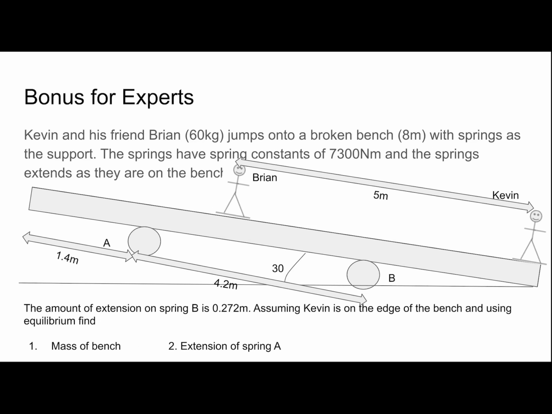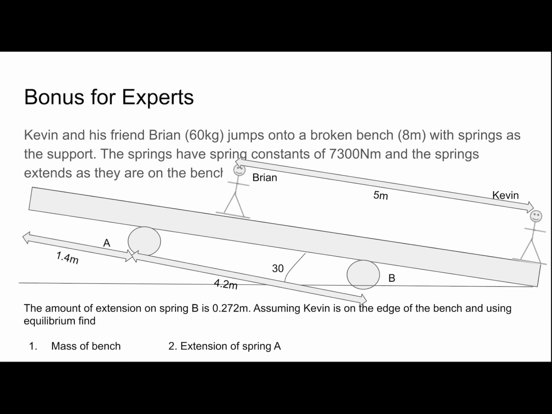Another piece of information we're given is that the amount of extension on spring B is 0.272 meters. Assuming Kevin's on the edge of the bench and using equilibrium, find the mass of the bench and the extension of the spring A. When I say Kevin's on the edge, that means Kevin is on the very end, as far right as you can go on the beam.